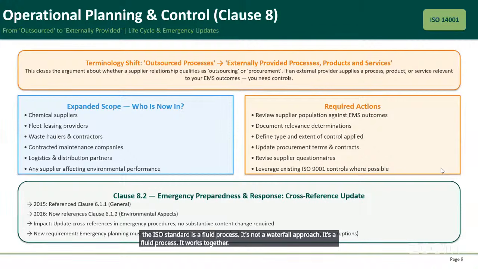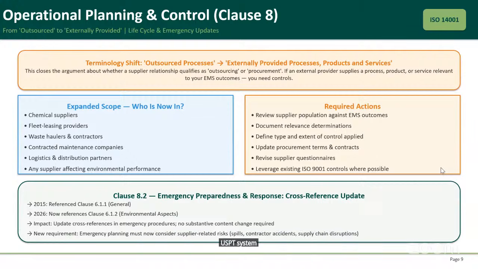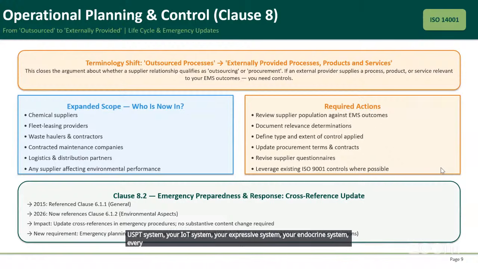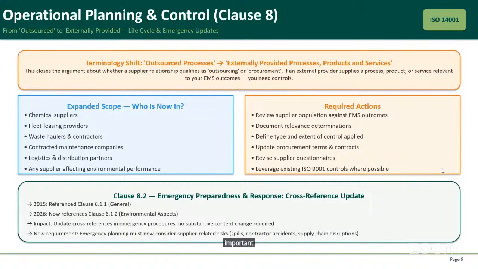Every clause applies to the others, just like your excretory system, digestive system, respiratory system, endocrine system, every part of the body relates and interacts together. Because of that interaction, it is very important that they communicate and connect.